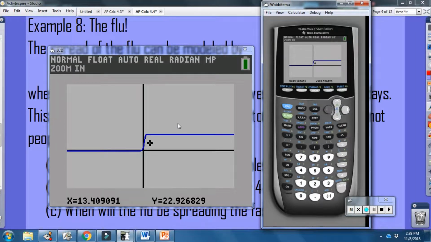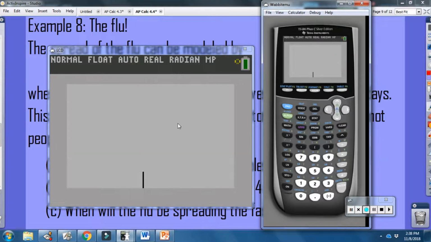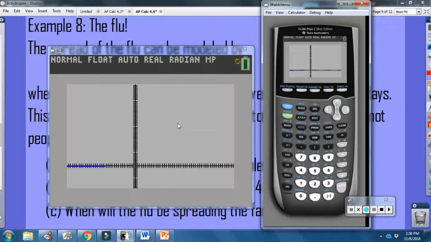The reason why that happens, and this happens with any model like this, if we're looking at the spread of illness, there's only so many people in a closed environment that can be infected. So if we were looking at our school, for example, there's about 2,000 people at the school. The flu will spread really fast because everyone's contacting each other and they're giving the flu to each other very fast. It's exponential. But eventually we run out of people.